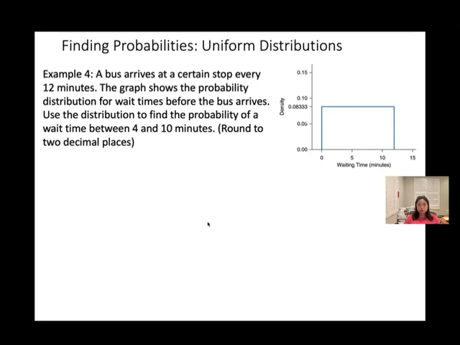Okay, example 4. A bus arrives at a certain stop every 12 minutes. The graph shows the probability distribution for wait times before the bus arrives. Use the distribution to find the probability of a wait time between 4 and 10 minutes. Okay, so this is what they're looking for. Find the probability means finding the area for a wait time between 4 and 10. So 4 is somewhere like here, 4 to 10.